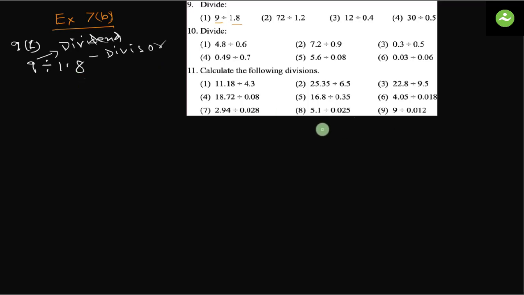So first thing, convert the divisor into a whole number.